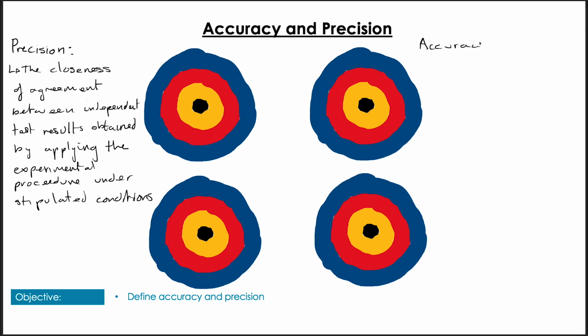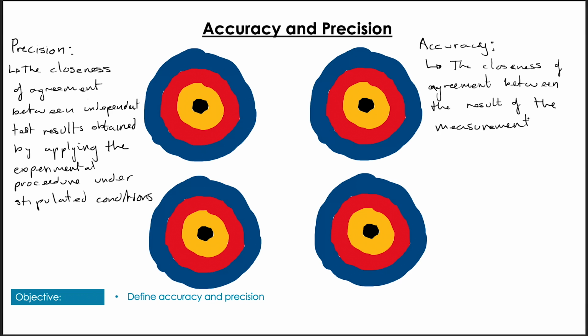Accuracy, on the other hand, concerns itself with how close the value that we have determined using our experimental method is to the real value, the agreement between the result of our measurement and the measurand, which is what we call the actual value. If we draw a few sets of marks on these targets, we can evaluate them based on their precision and accuracy.